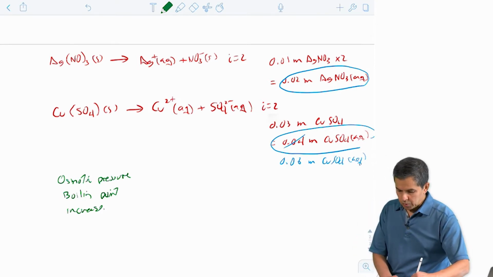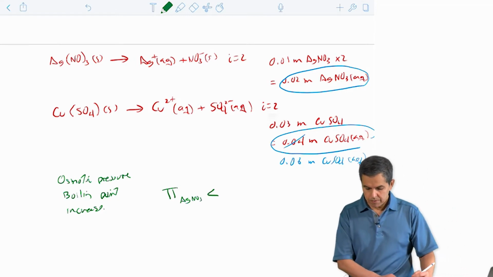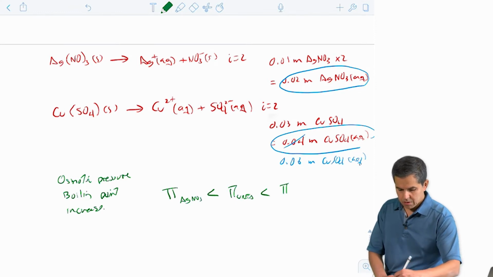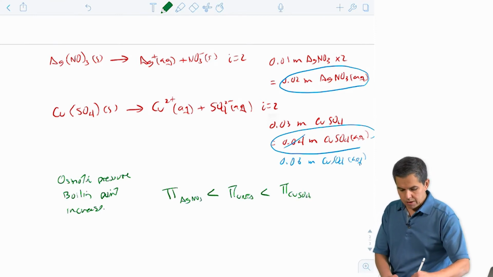So if we represent osmotic pressure by pi, it's going to be less than that of urea and less than that of copper sulfate. And for boiling point, the same relationship will apply.